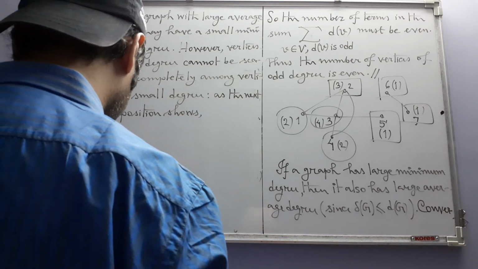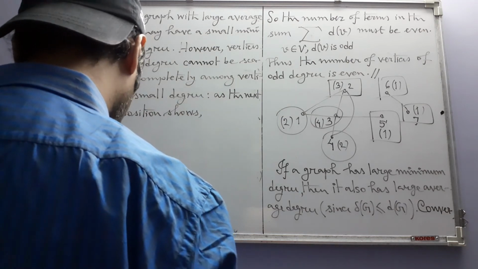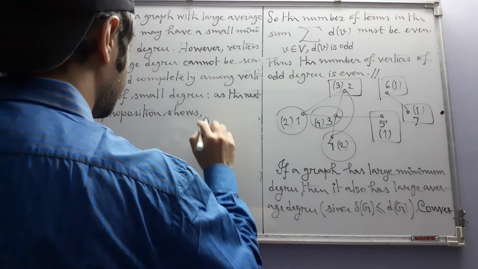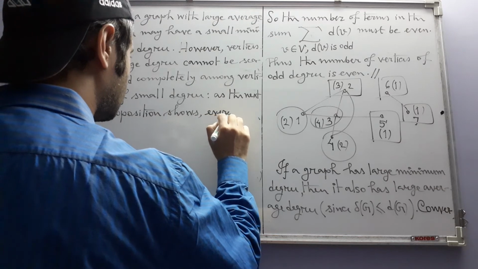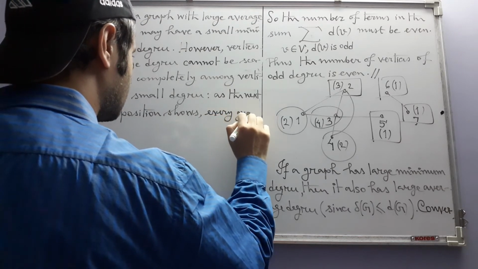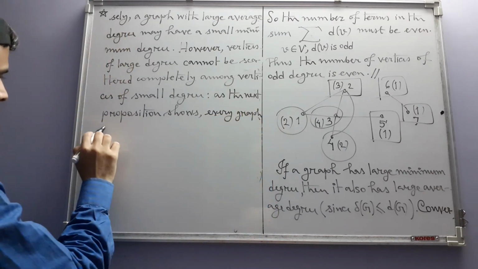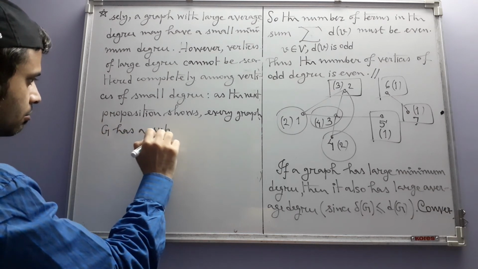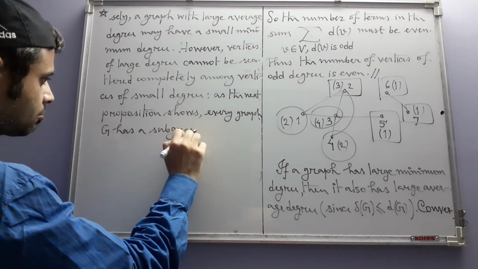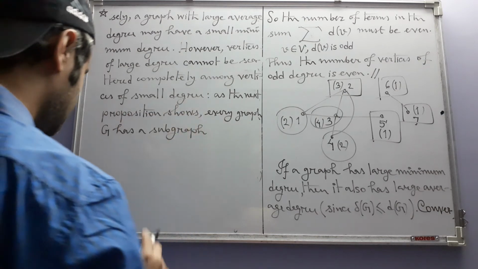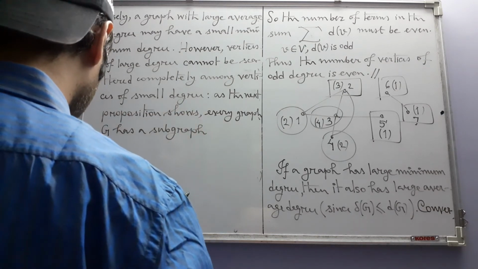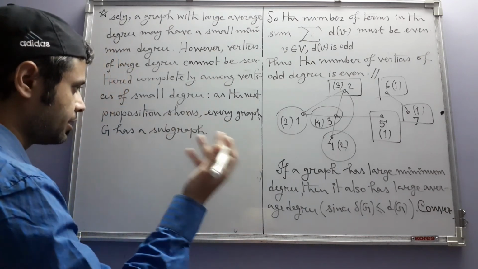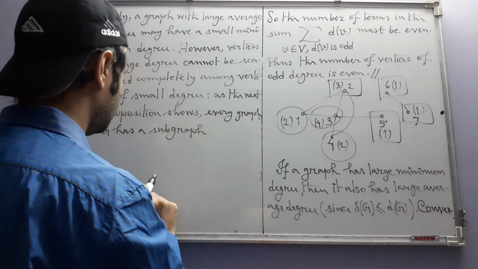It's about the existence of some special type of subgraph. Every graph G has a subgraph whose minimum degree is, okay, so first let us say something about the average degree.